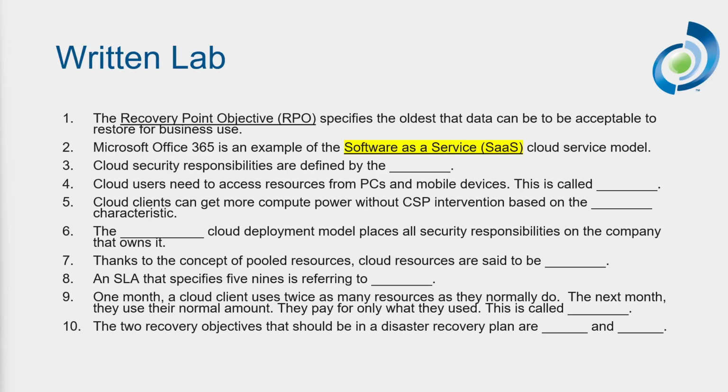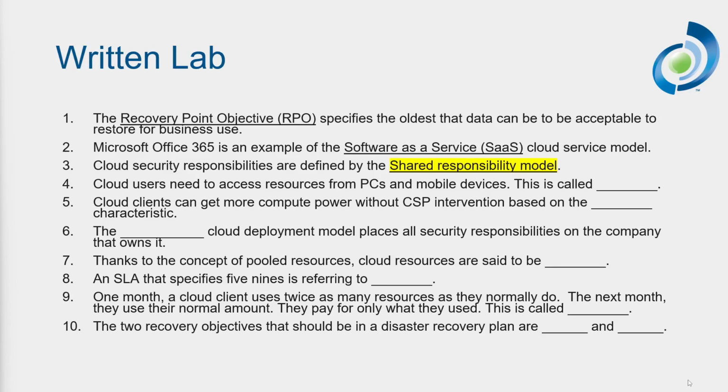Number three, cloud security responsibilities are defined by the blank. If you'll remember, this is when we talk about the shared responsibility model. We know that the cloud service provider is responsible for what is of the cloud, and the consumer, the person that's running it, is responsible for what's in the cloud.